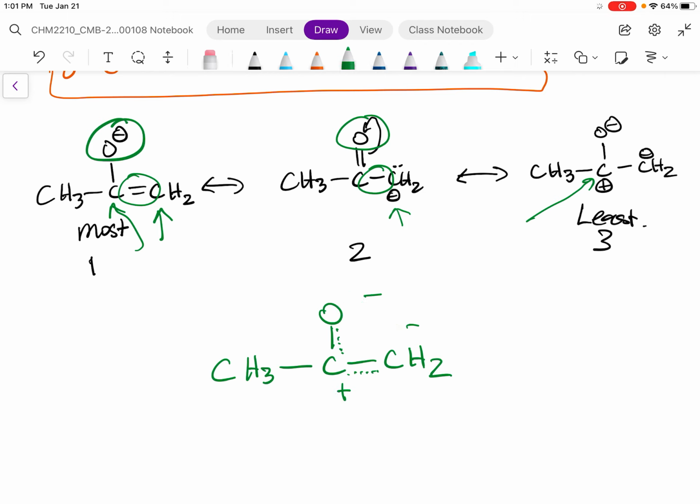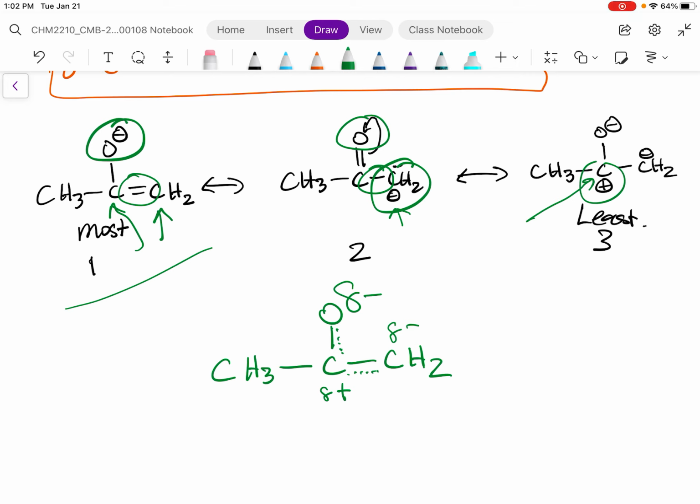So because this guy right here is the most significant, I'm going to put a very big delta symbol there on that negative charge. When the negative charge is on the carbon, that's the second most significant. So I'm going to do a smaller delta symbol. And then we see a positive charge on that carbon. That's the least significant of them all. So we're going to do a little tiny one.